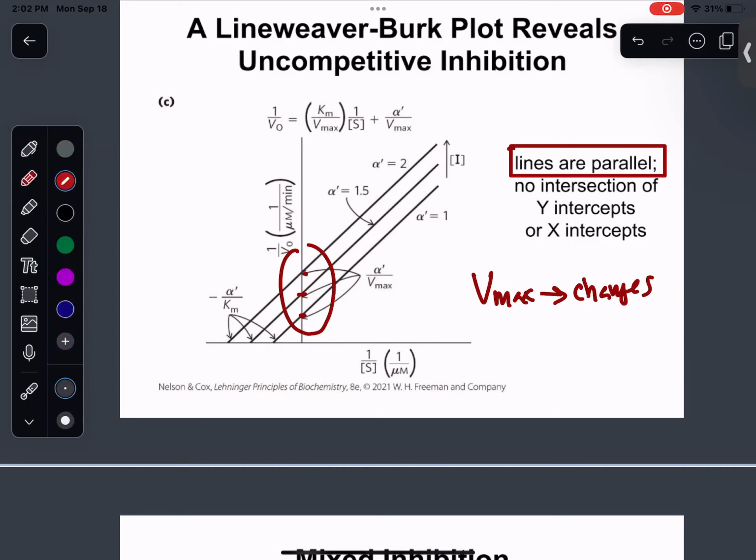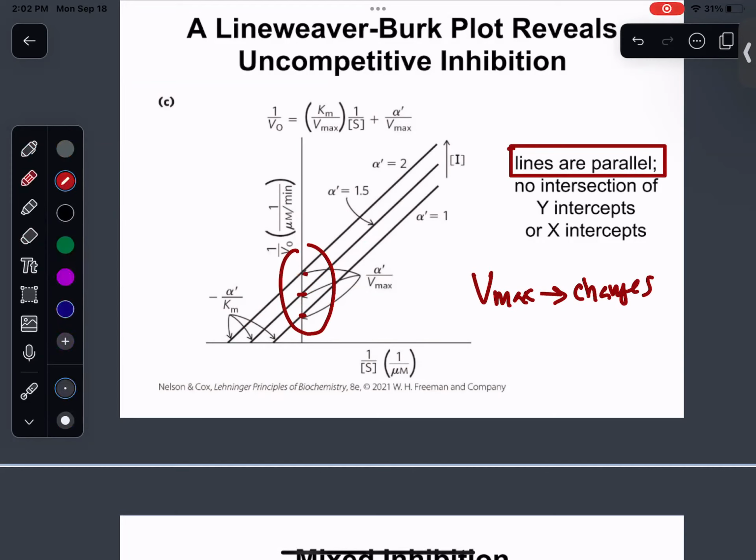And the same goes for our Km. Granted, we're looking at negative alpha prime over Km, but we all know, basic math, these must be different.